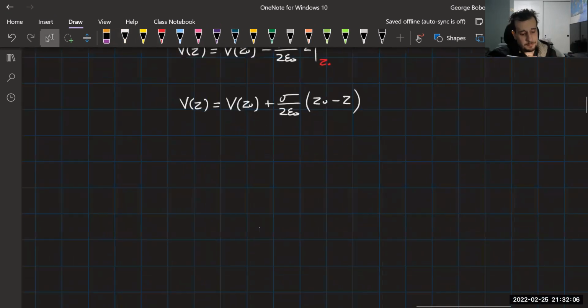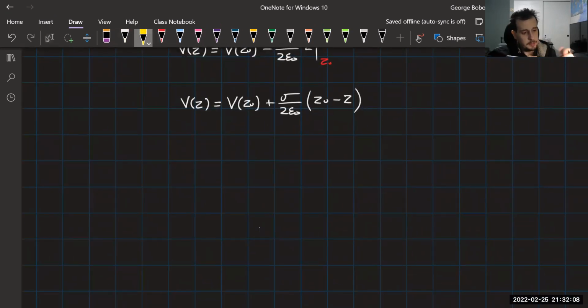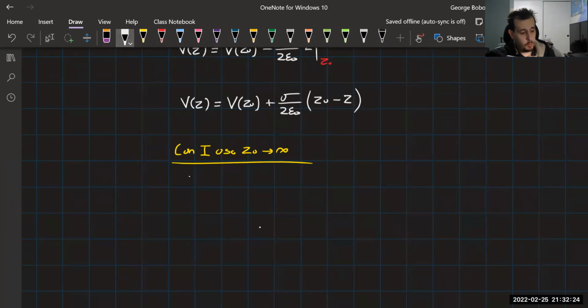And you go, hold on a sec. Can I use Z naught equal to, can I go to infinity right now? Like, you know how we used to take for the sphere infinity as the reference? Can I go to infinity? Well, what would this end up being if you went to infinity?